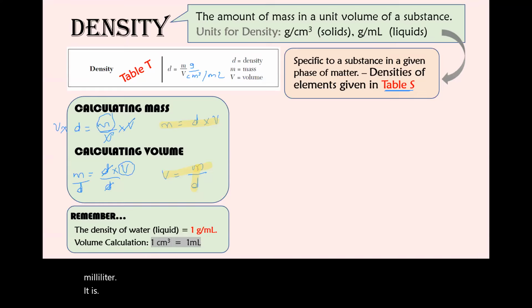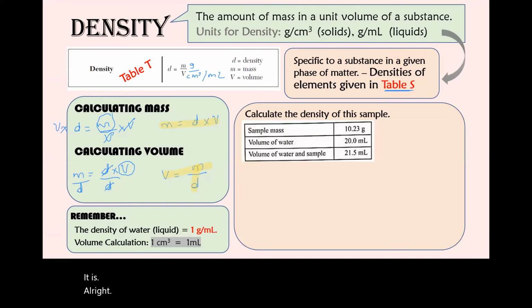All right, so let's look at a very quick example of calculating the density. We are given the sample mass. So this thing right here is going to be your mass. I need to go back to the pen. Okay, so this is your mass. And then we have the volume of the water and the volume of water and sample. What they did not do here is give you the volume of the sample itself.